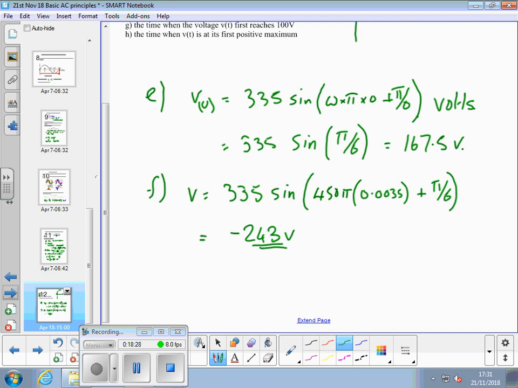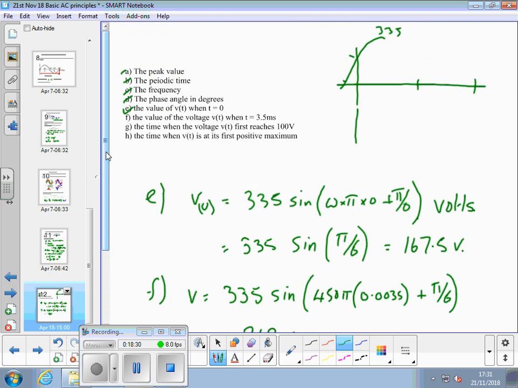So looking back at the diagram, if that's our complete waveform, and it finishes there somewhere, and that's 4 milliseconds, and we're talking about 3.5. There's 2, there's 3, there's 3.5. Negative 200 and odd looks about right, doesn't it? So again, having that understanding of what this waveform is like and how that function works gives you the ability to sketch something up and just check your answer.